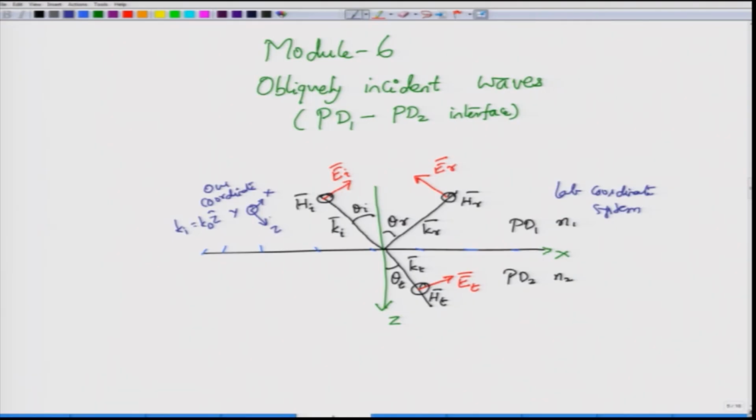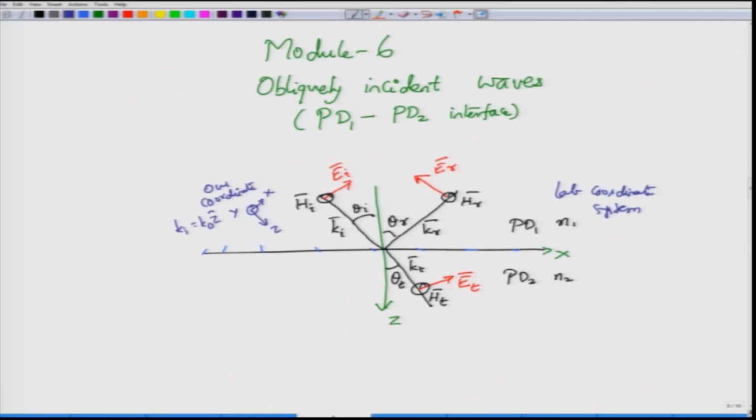Earlier, the interface is in a coordinate system lined up perfectly along the x, y, z axes, whereas the wave is obliquely incident. If we change the coordinate system, such that we make the wave lined up along the x, y, z axes, then the interface will not appear exactly normal, but at an angle.